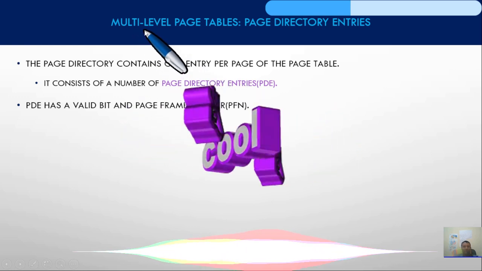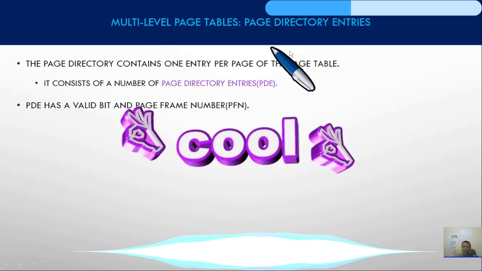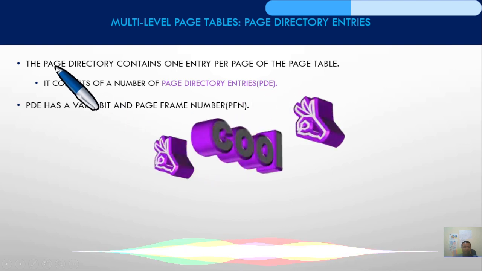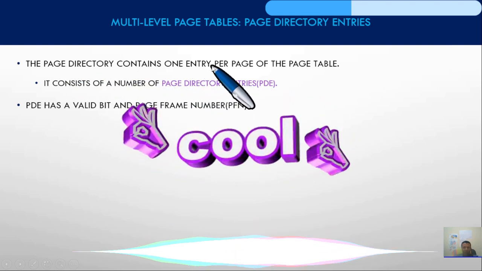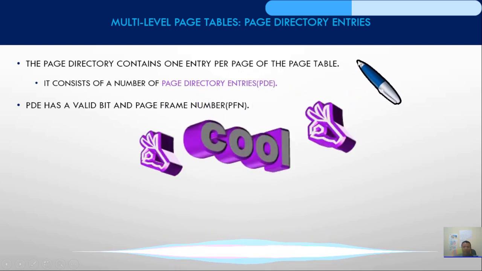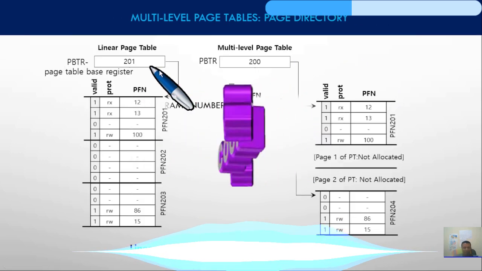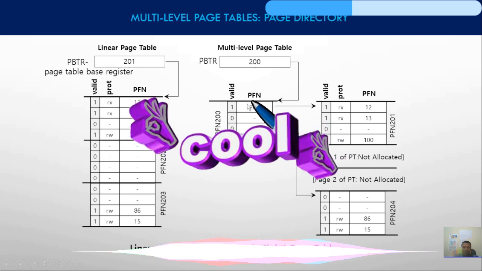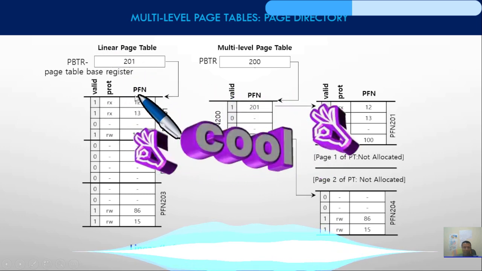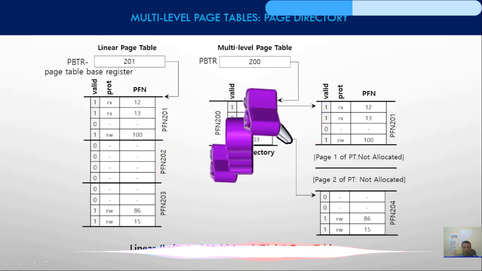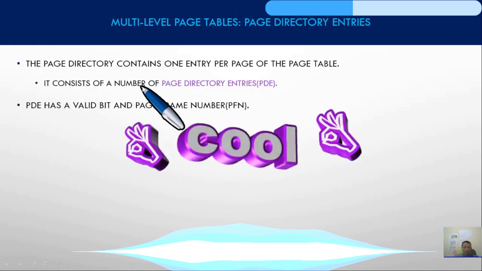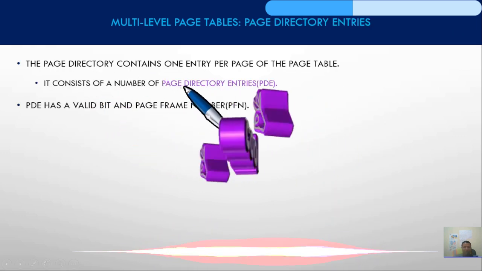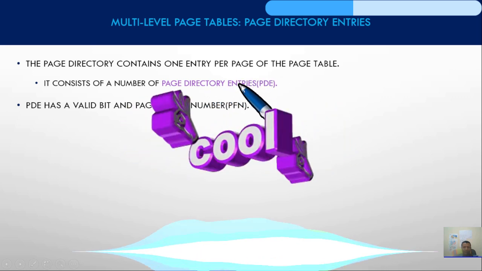So, multi-level page table, page directory entries. The page directory contains one entry per page of the page table. As you can see, one entry per page of page table. So we have only one entry. That's what it means. It consists of a number of page directory entries, PDEs.